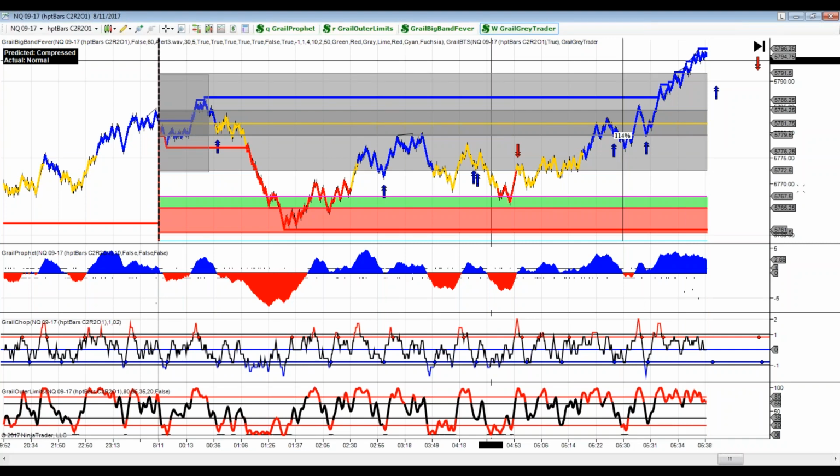Now, I'm not going to go over again how to use the Grail Gray Trader. It's the same as your other two traders. We went into that in depth on the instructional video for trading the big band indicator, so I'm not going to duplicate that. If you had any questions, just go back and try to review that video.